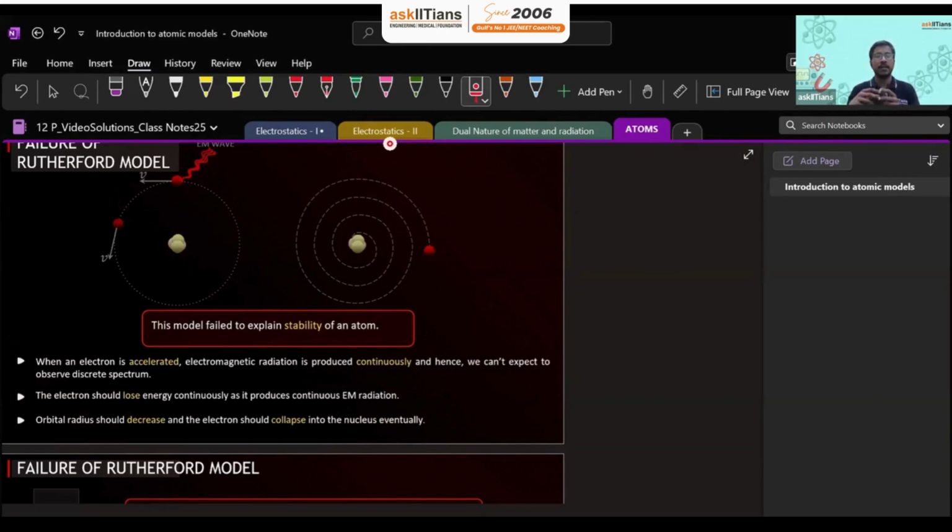If it continues to get accelerated and continues to lose electromagnetic radiation in this form, what happens? It will keep reducing its orbital radius, and basically it will spiral into the nucleus, as you can see in the second figure. So the orbital radius will decrease and the electron should eventually collapse into the nucleus. That was one of the failures of Rutherford's model, because it was not able to explain the stability of an atom.